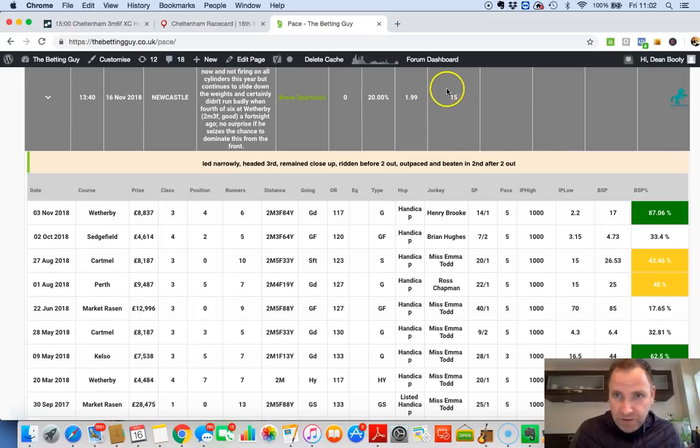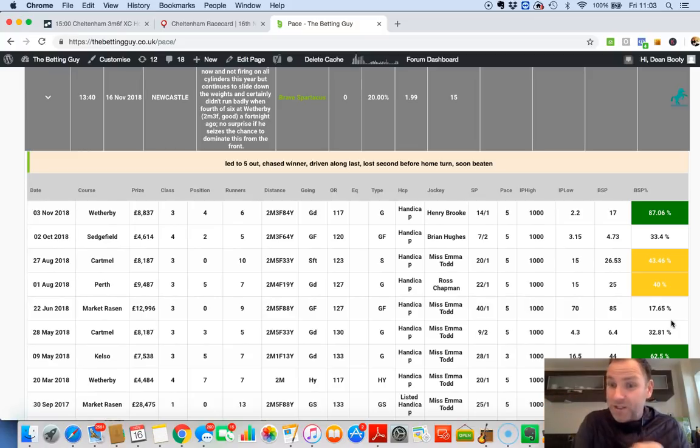Just because a horse is definitely going to lead, it doesn't necessarily mean it's going to dob. Because look at this. It's led each of the last 6 times, and it's only dobbed once. So please be careful when you're doing pace angles. I think it's vitally important that I highlight the potential pitfalls with these sorts of horses, the leaders, because yes, it probably will go down in price.